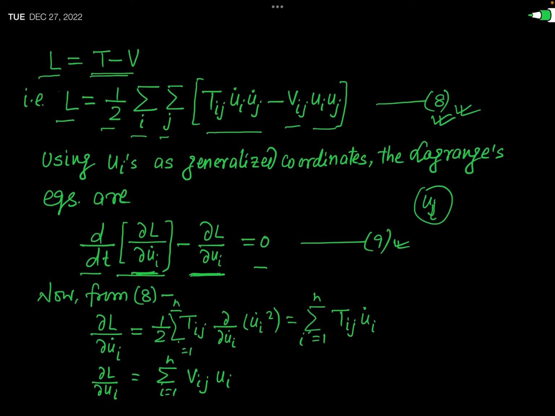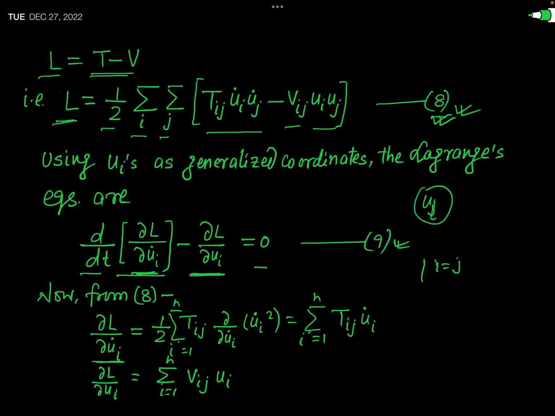Okay? And let us see what will be del L by del ui dot. See here, the expression for L is written in this equation. For the time being, let us take i equal to j. In that condition, for the Lagrangian, the first term will be 1 over 2 summation i from 1 to n Tij del by del ui dot, and since i is equal to j, you can treat it like ui dot squared.